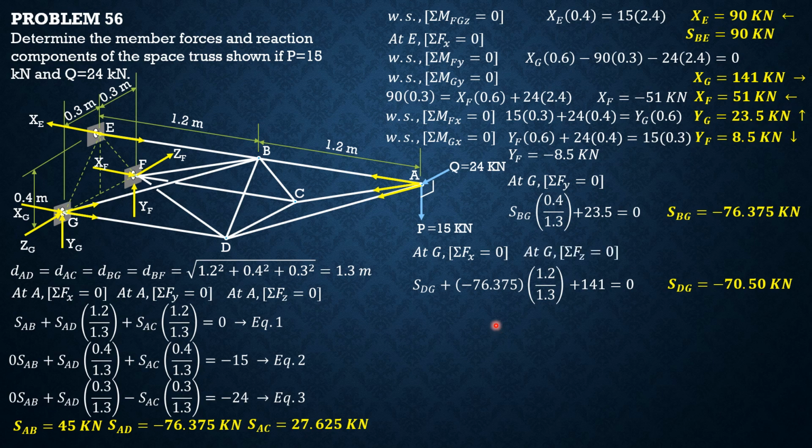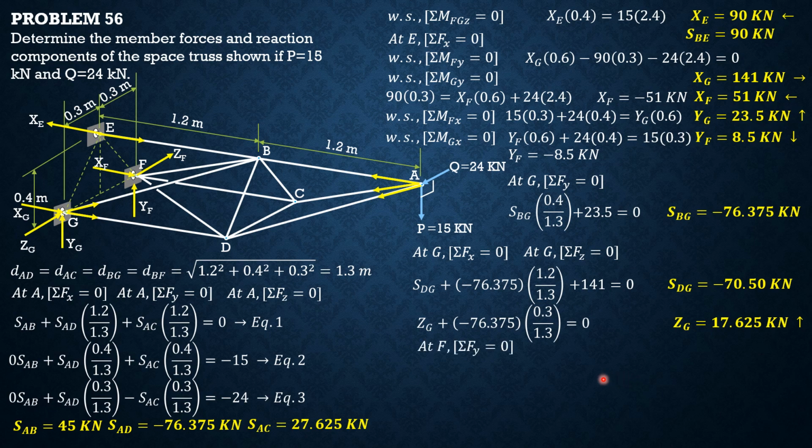We then solve for GZ, summation of forces along Z, going in the negative direction as positive. So GZ plus SBG, which is negative 76.375 times 0.3 over 1.3. Those are the only involved forces at G, equals 0. So GZ is in the negative direction, or backward direction, 17.625.